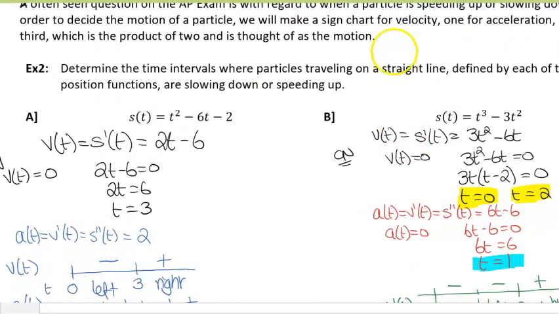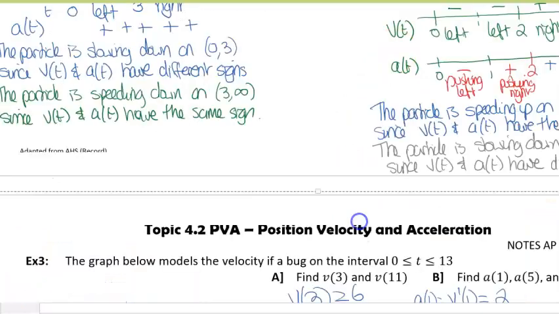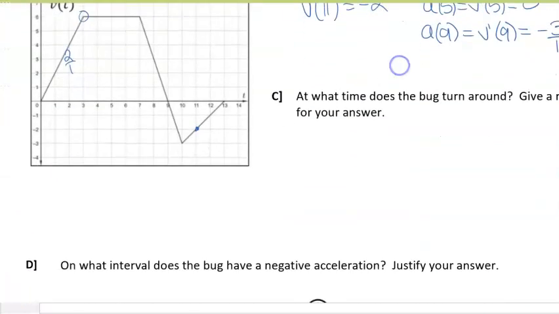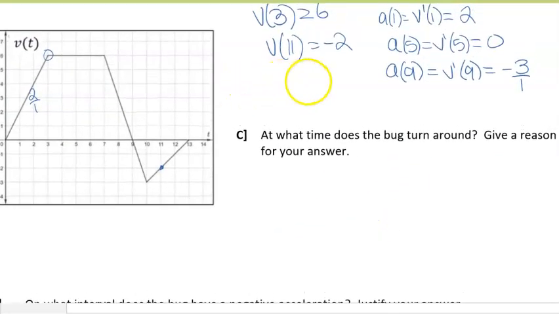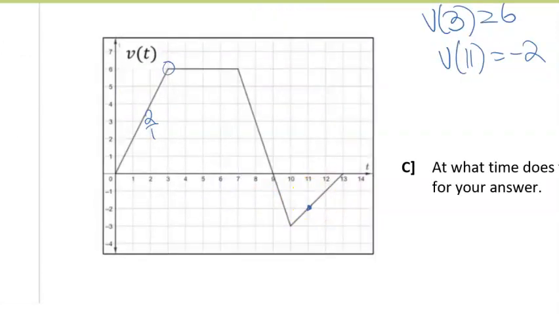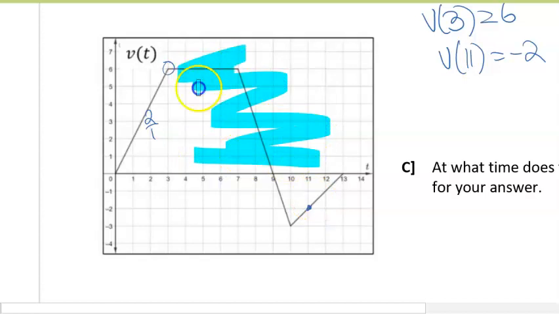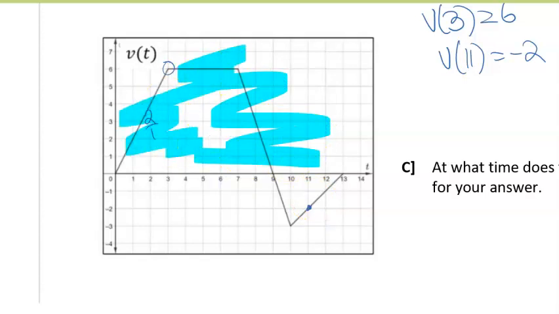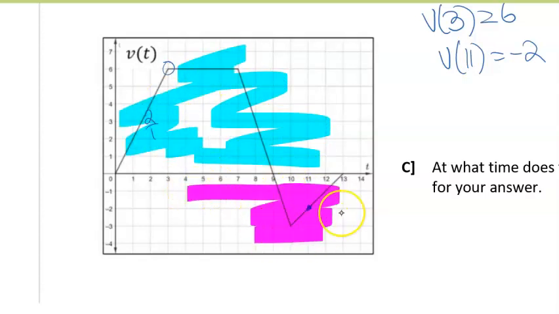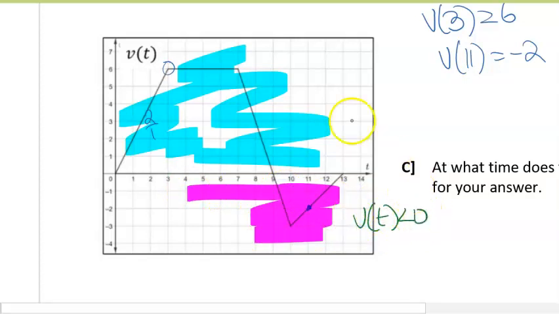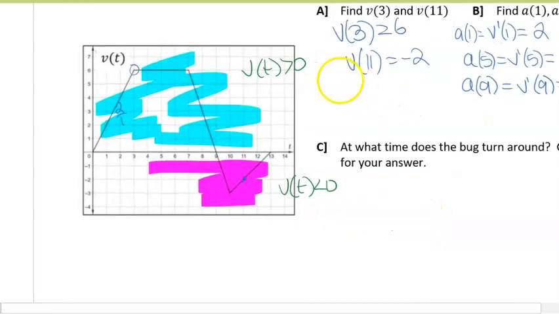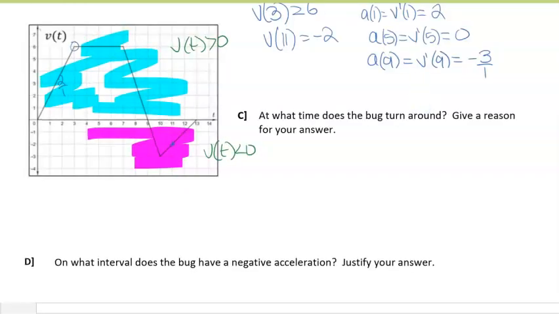If we look at a graph, velocity being positive is going to be anything above the axis. Velocity being negative is going to be anything below. So a change from positive to negative velocity happens at 9.